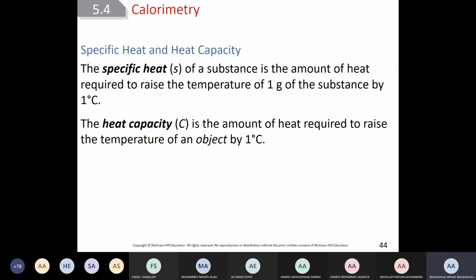Specific heat and heat capacity. What's the specific heat?